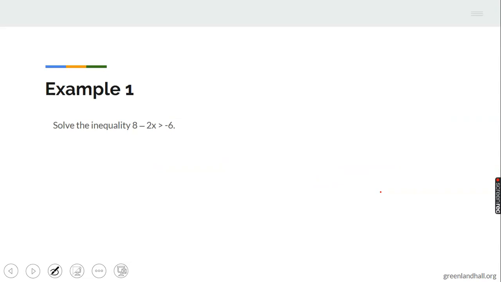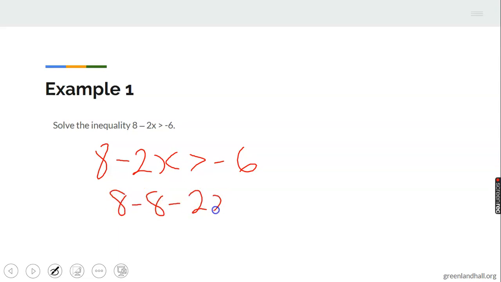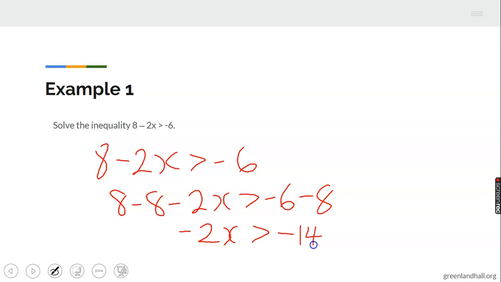We have 8 minus 2x is greater than minus 6. You know the process, subtract 8 from both sides. That will be 8 minus 2x greater than minus 6 minus 8. And once you do this, you are going to have minus 2x is greater than minus 14.